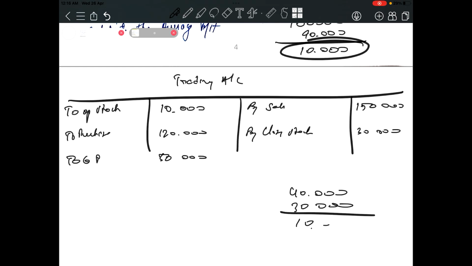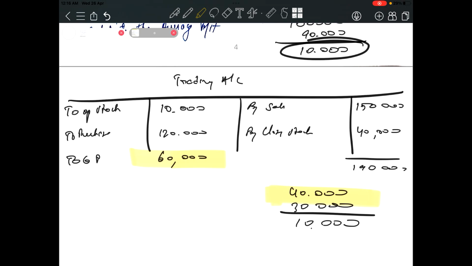Now say, for example, the actual value of your closing stock was 40,000, but you have taken it as 30,000. So there is an undervaluation of 10,000. Now see what will happen if I bring the closing stock to the right value of 40,000. This will be 1,90,000, minus 1,30,000, so my gross profit will increase by 10,000.